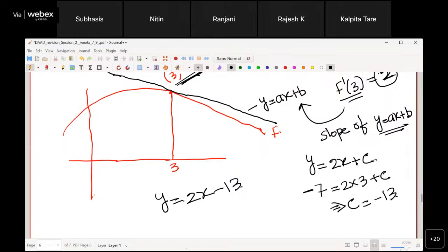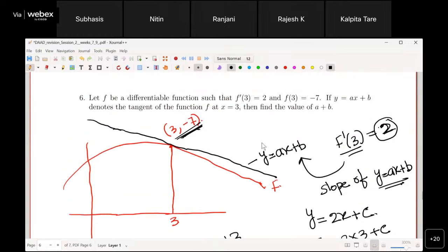So from here I can say that a is 2 and b is minus 13. So if I add these two things, I will get minus 11, right? So basically, to get a tangent, you need two things.